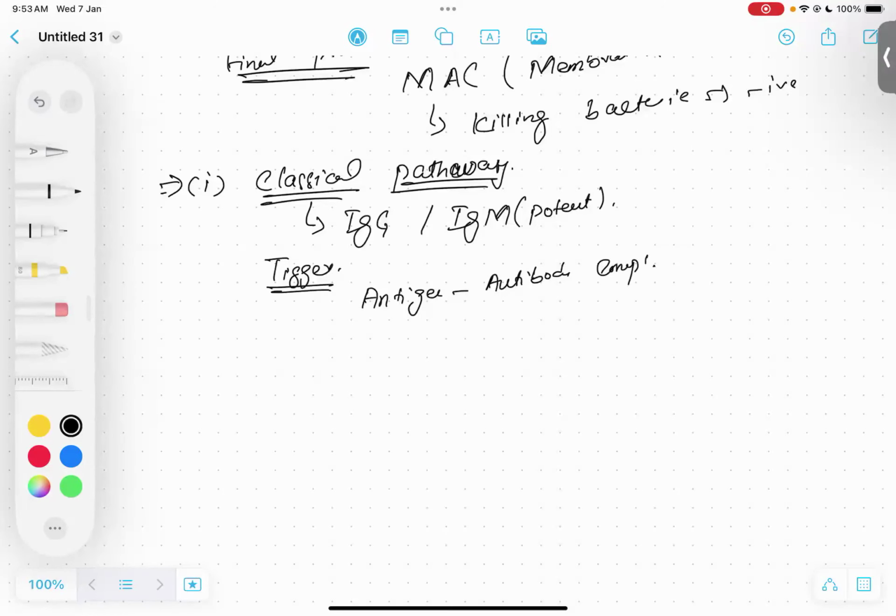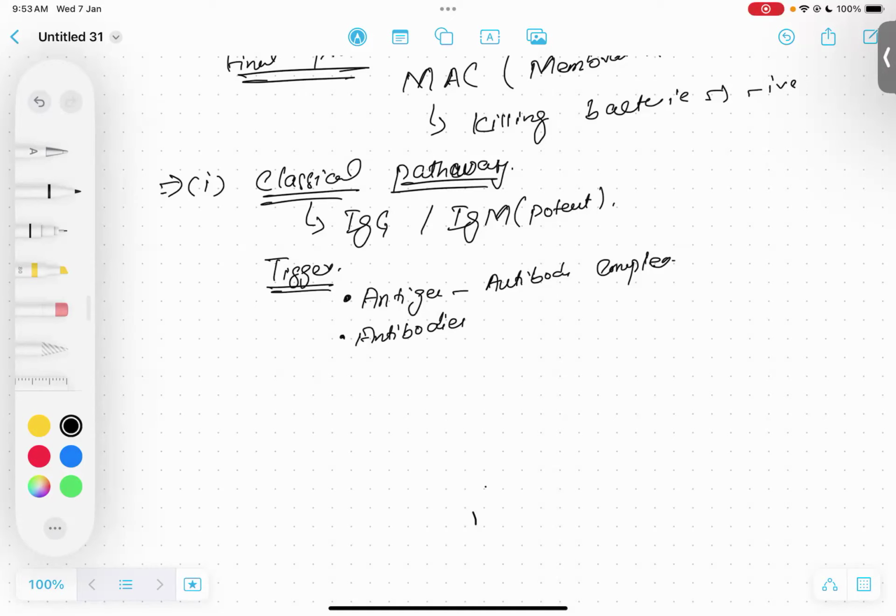These antibodies combine with different types of antigen, and as a result of this antigen-antibody interaction, the complement system starts via the classical pathway.